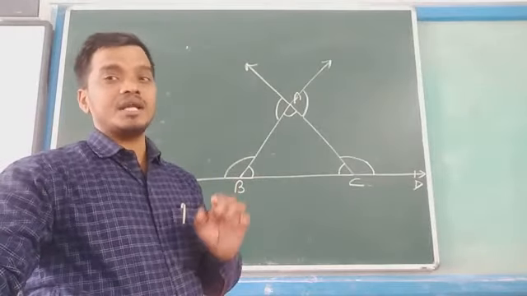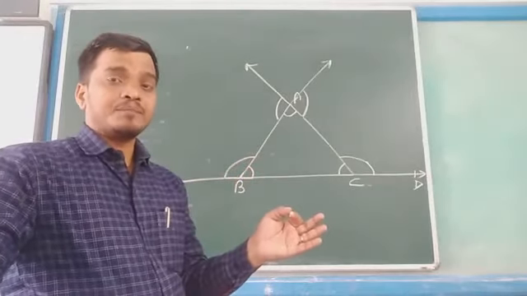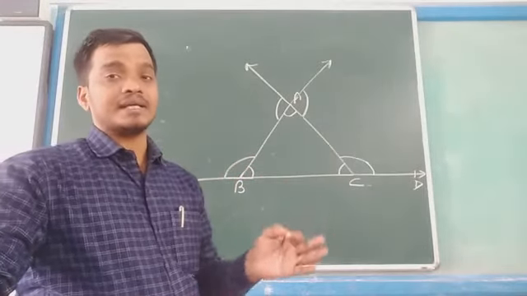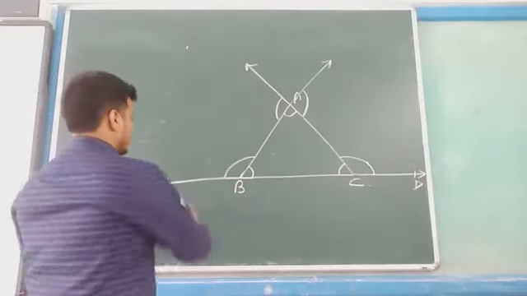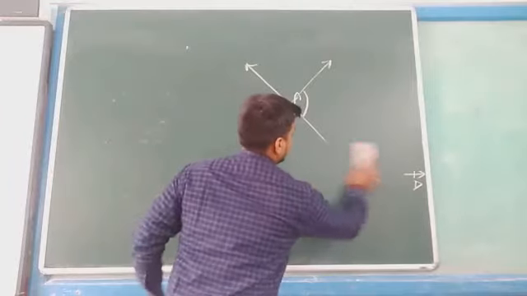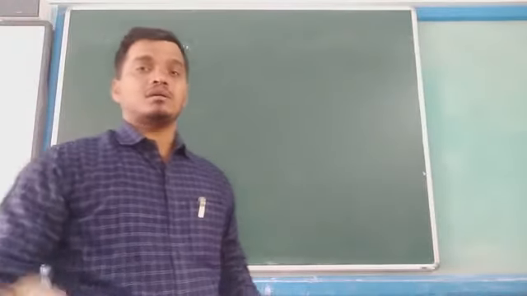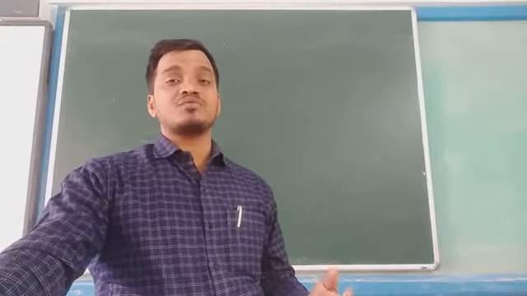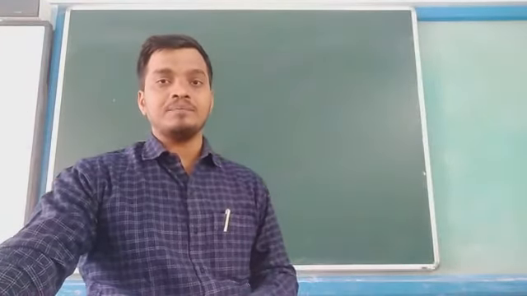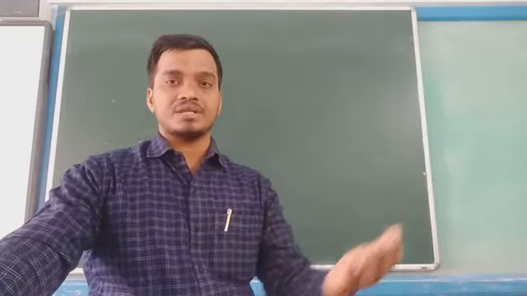So for the exterior angle, the property is this: the angle should be framed between one side of the triangle and the extended side. Got it? So this is the exterior angle and interior angle. I have told you, interior angle means the angle which is framed inside of the triangle, and exterior angle means the angle which is framed outside of the triangle.